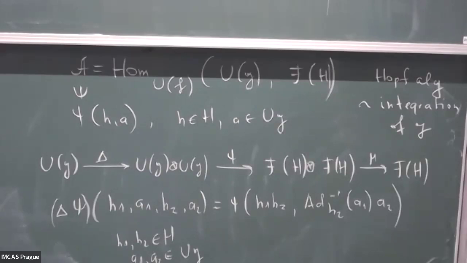So how is it related to the regular integration? Suppose we can integrate G, the whole Lie algebra, in a regular way. So find the Lie group such that its Lie algebra is G. Then we'll see how one integration is related to another one.